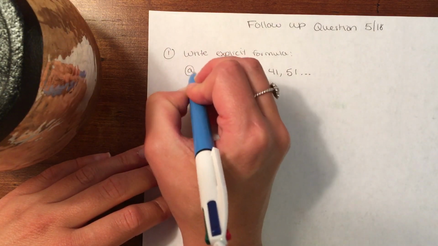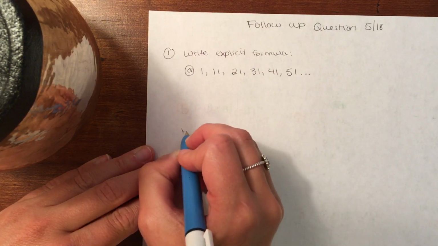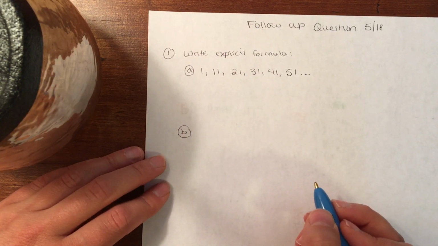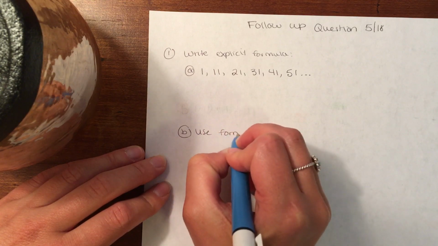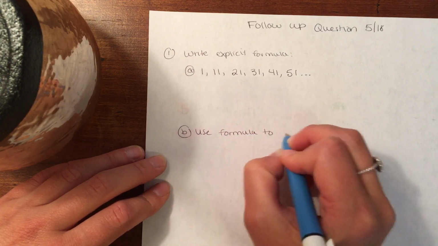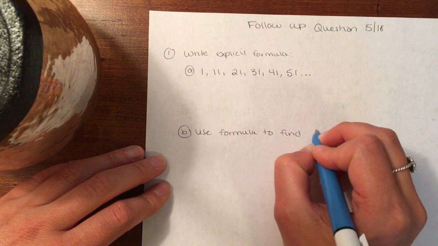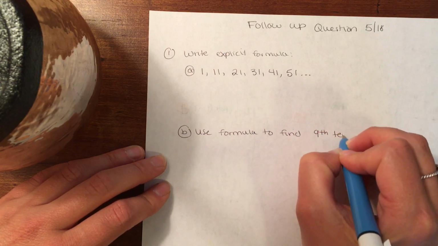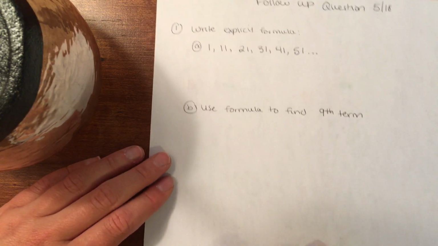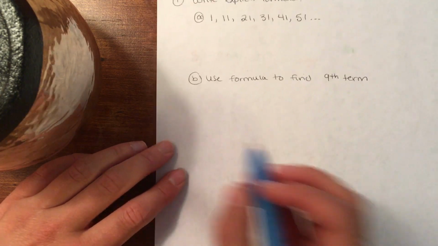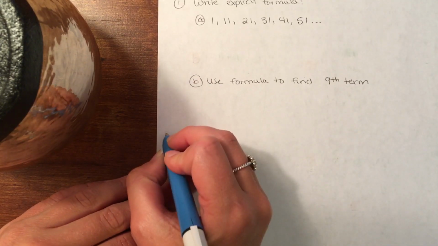So we'll say that's part A. And part B is to use the formula to find, I'm going to say the 9th term here. Okay? On the other side, we did the 6th term, I think, and the 100th term. So this one, 9th term. And I'll give you some room for that.